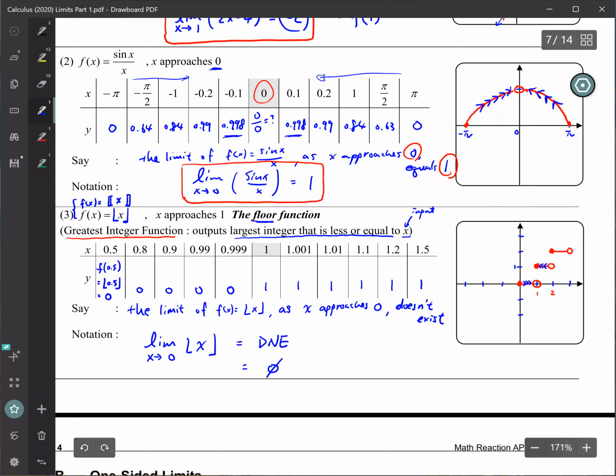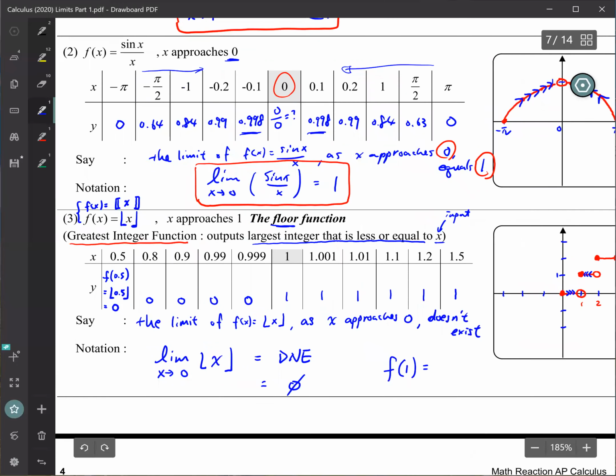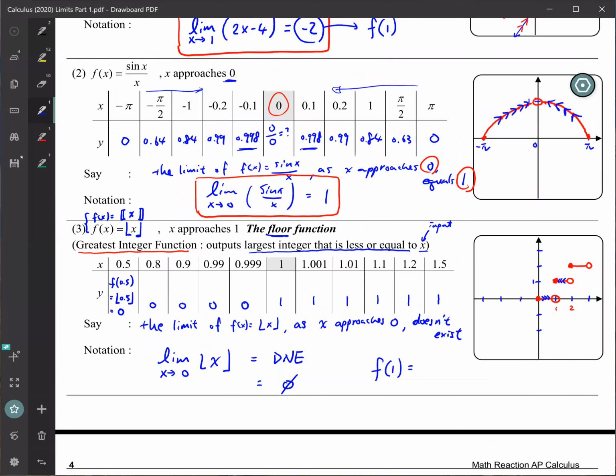However, right, if I ask you what is f of 1, what would you say, Gina? Gina, are you there? Wait, I'm kind of confused. Which part? For this question, which part did you start to get lost?